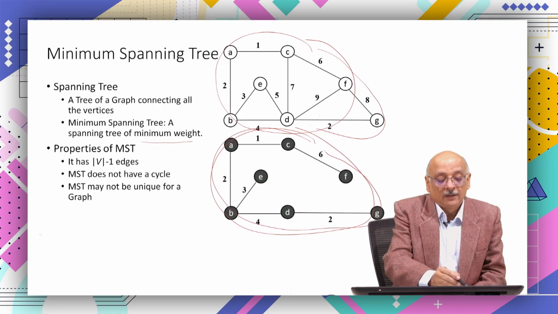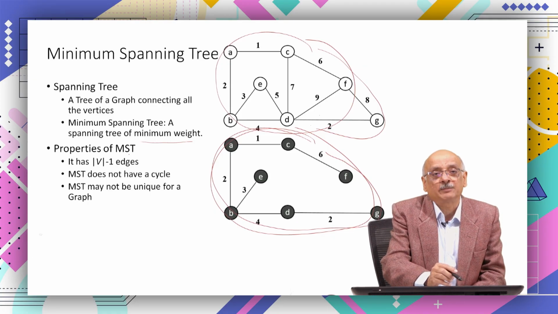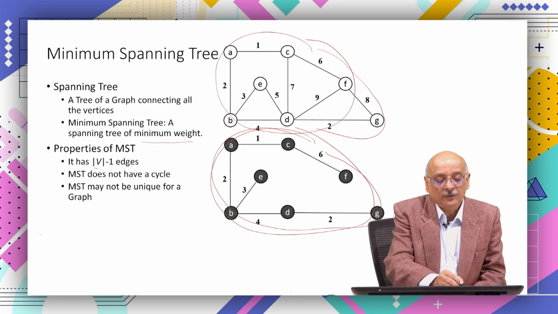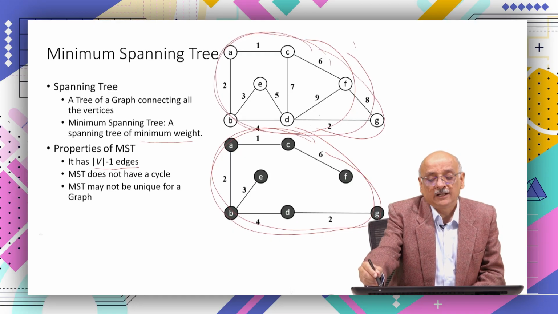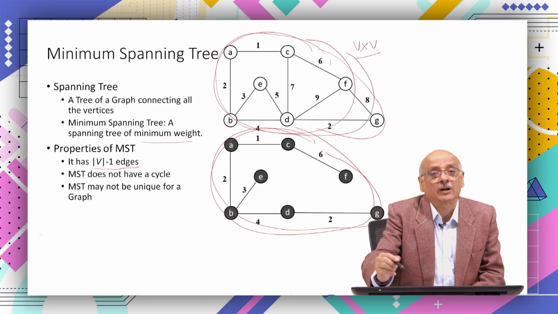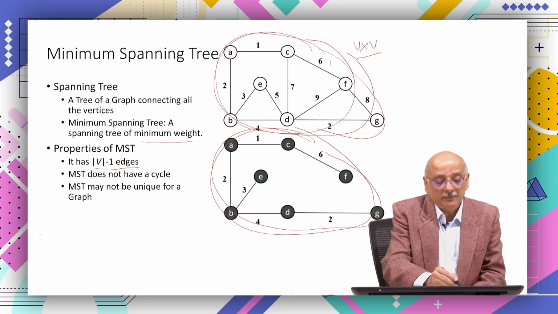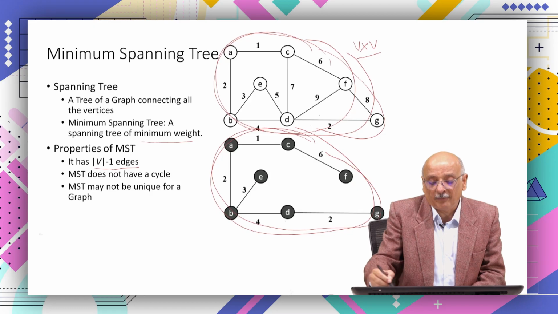All right. Then what are the properties of this minimum spanning tree or minimum cost spanning tree? It has V minus 1 edges only. The graph may have a lot of edges. It can even have V cross V number of edges, but this minimum spanning tree has just the number of vertices minus 1, because that is how a tree is.